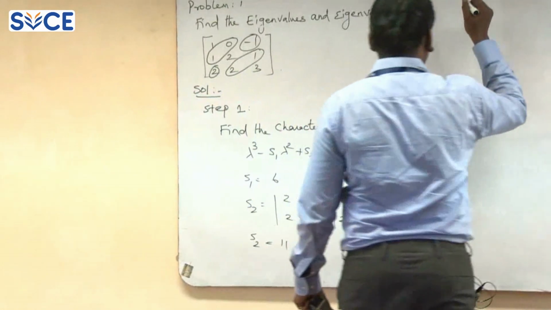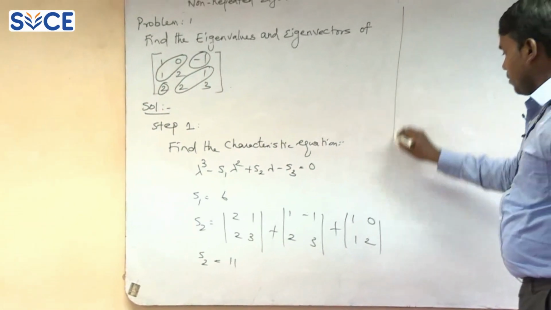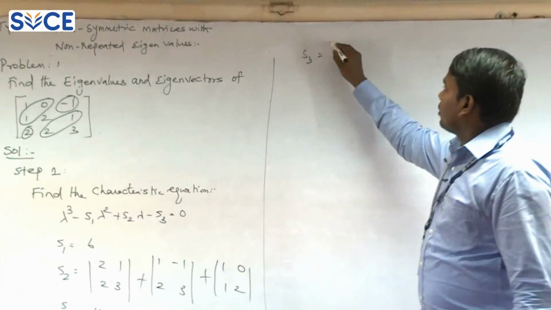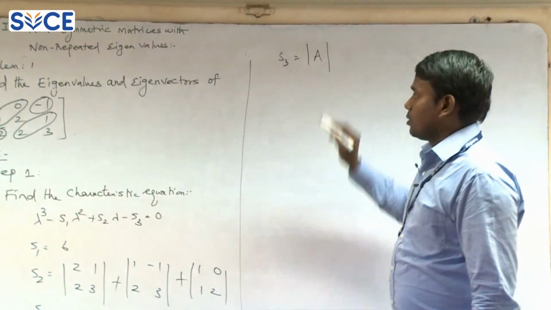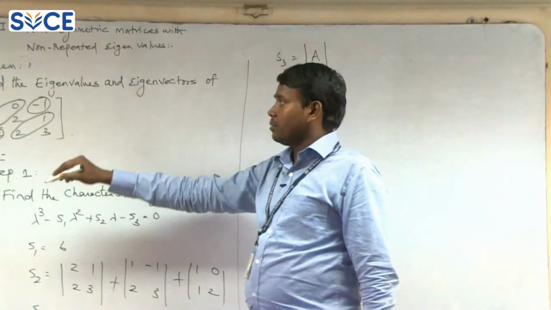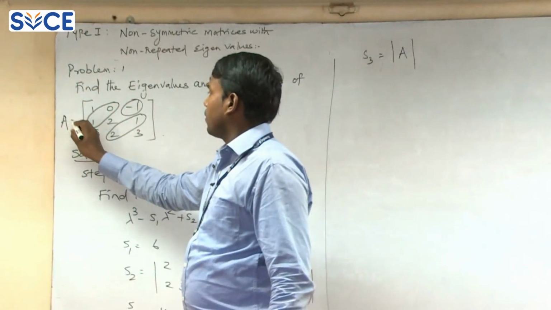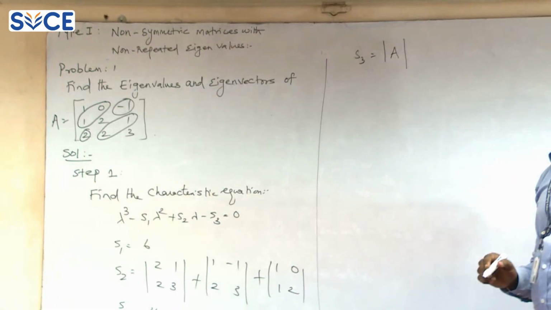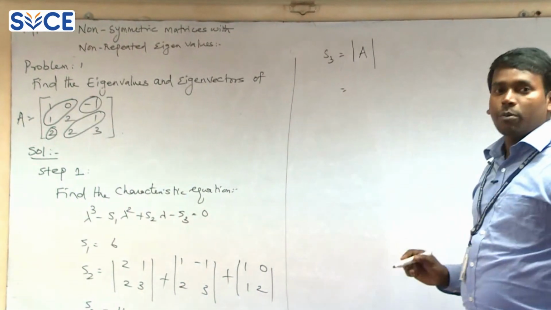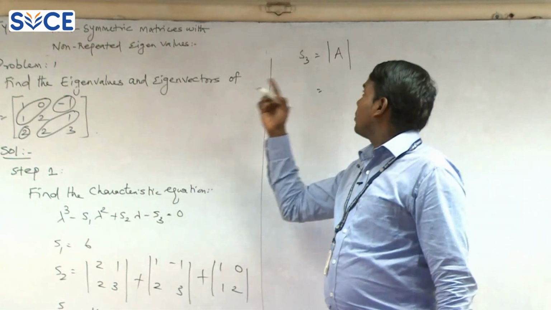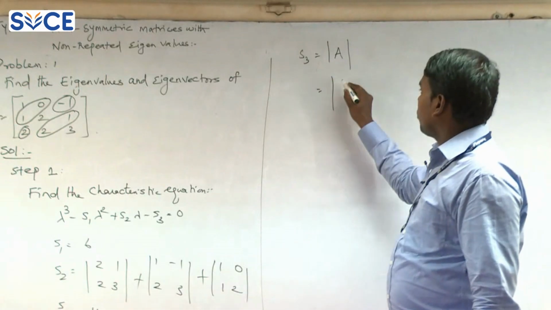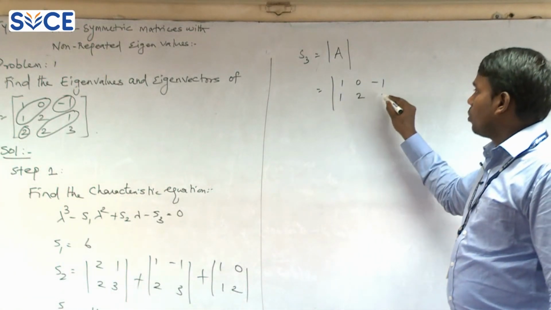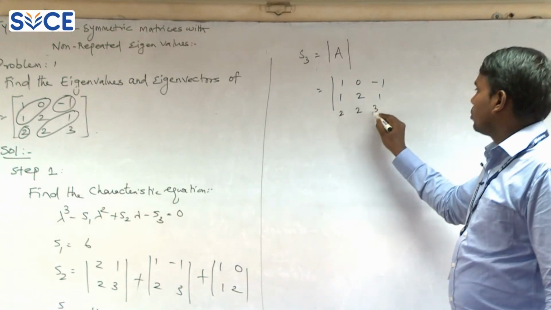Next, S3. S3 is the determinant of the given matrix. So first let us assume the given matrix is A. So S3 equal to determinant of A. I hope everyone knows how to expand the determinant of A, that is the 3 by 3 matrix 1, 0, minus 1, 1, 2, 1, 2, 2, 3.